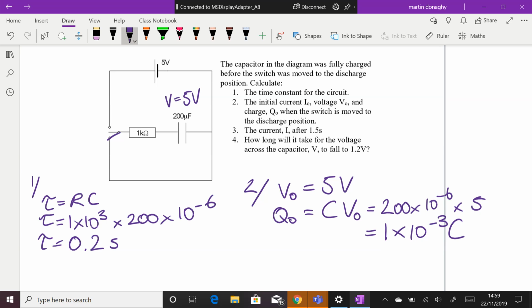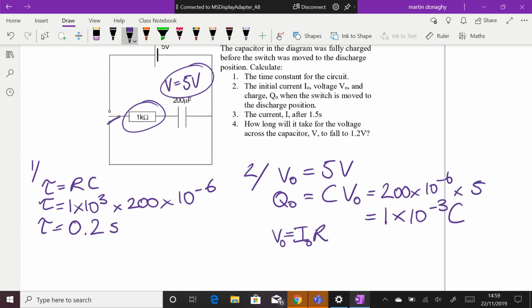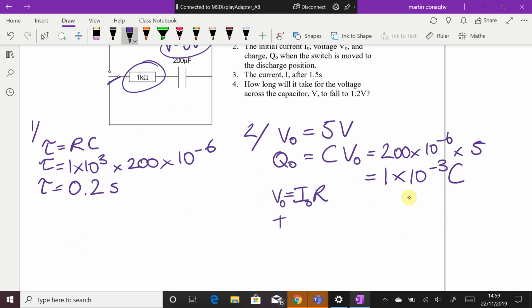Now, when we throw it down to the lower position, initially it will have this much push from the capacitor. The resistance here is 1 kilo ohm, so we can do V equals IR. But looking at the initial values, the initial current is going to be V divided by R, which is 5 divided by 1000, so it's just 5 by 10 to the minus 3 amps.